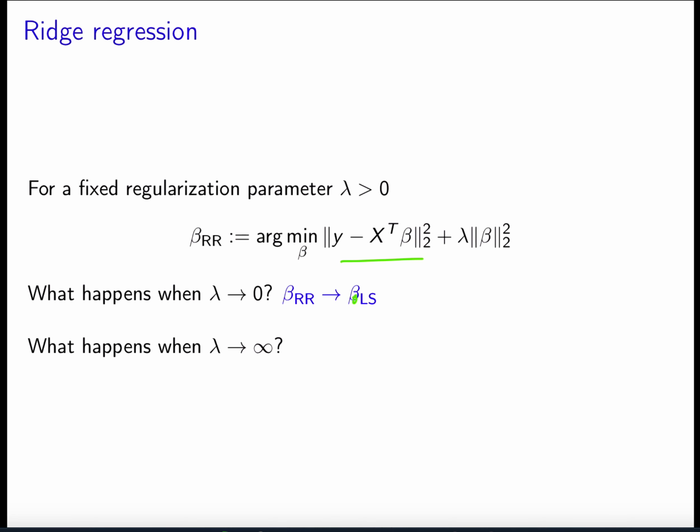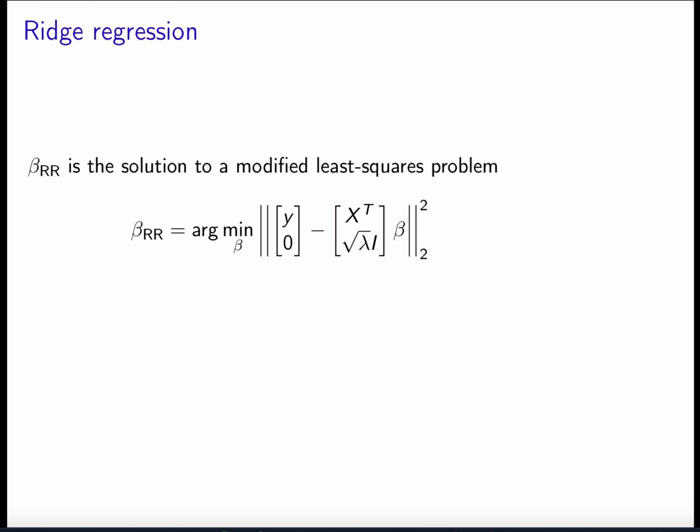What happens when the regularization parameter is super, super large? Think about it. The second term dominates. You don't care about fitting. You just want to make the coefficients as small as possible, so you end up with coefficients that are equal to 0.